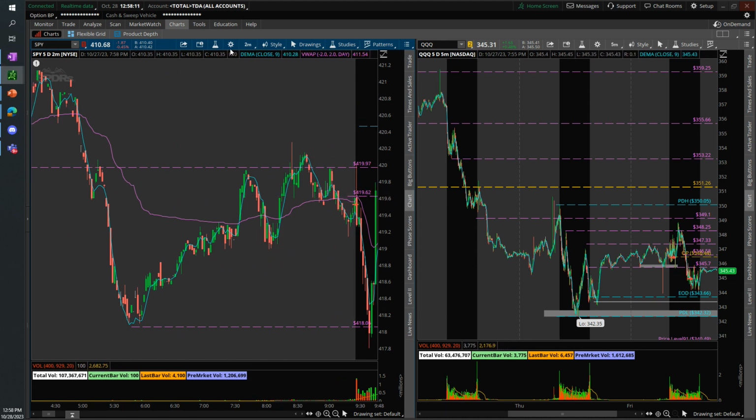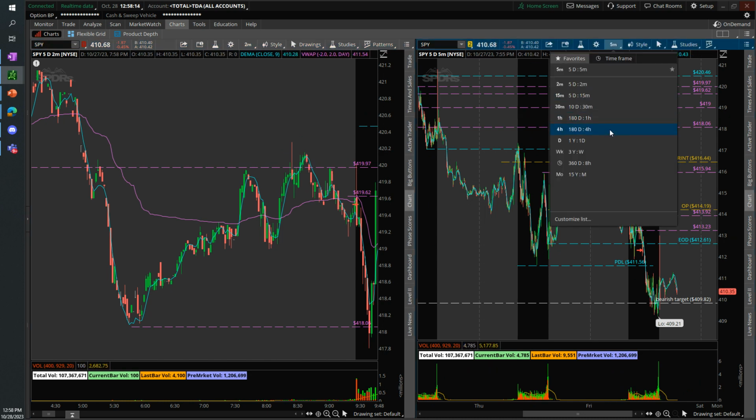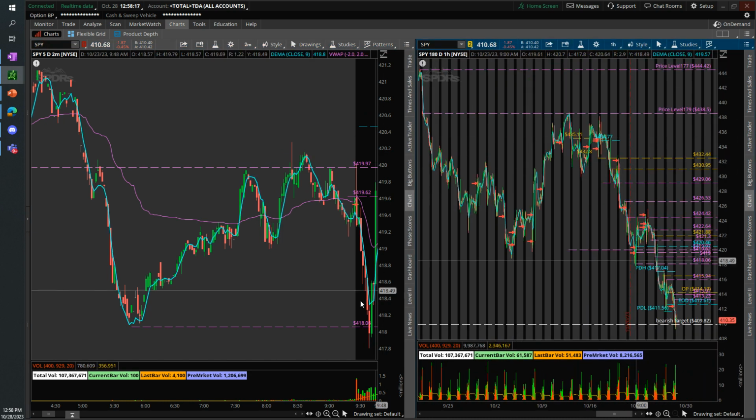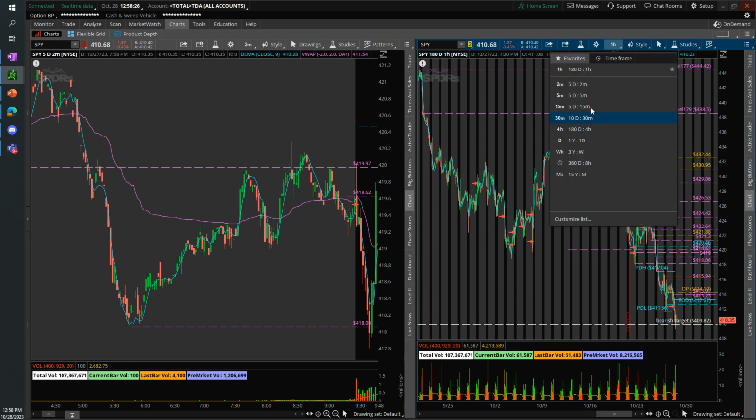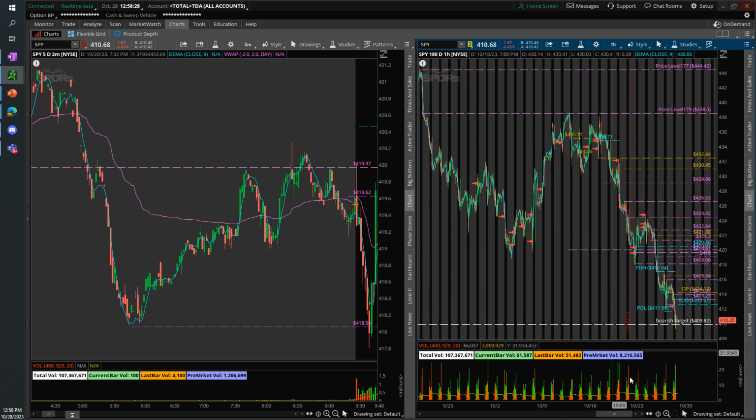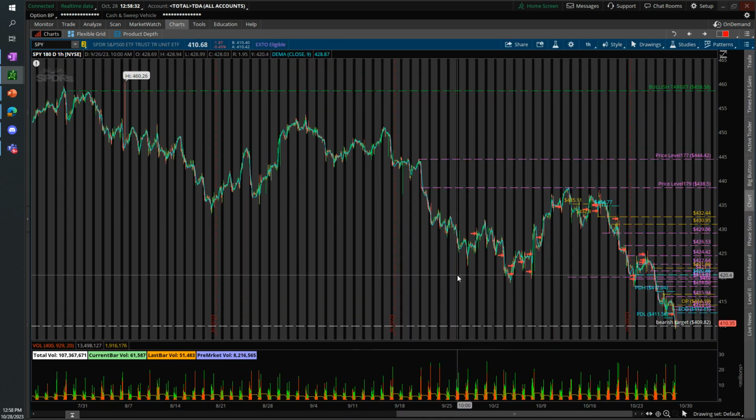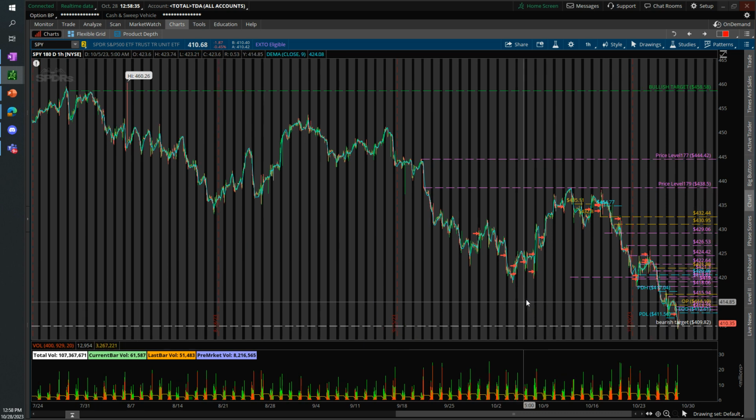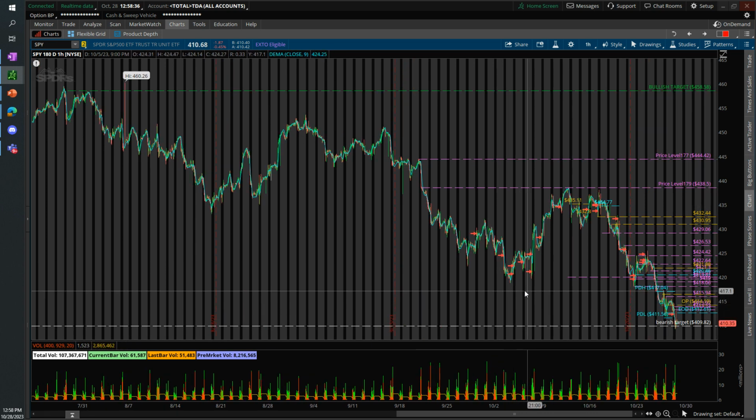Now once again, using that 1 hour time frame, you guys see how we just closed below pre-market low and then it was a false breakout? I'm thinking the same exact thing here.